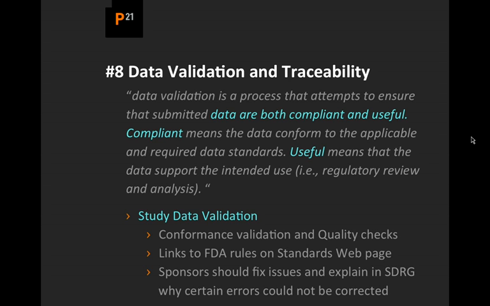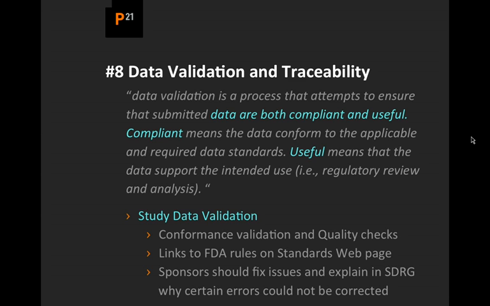Section 8 is data validation and traceability. FDA defined data validation as a process that attempts to ensure that submitted data are both compliant and useful. Compliant means that the data conform to the applicable and required data standards. Useful means that the data support the intended use, for example, regulatory review and analysis.